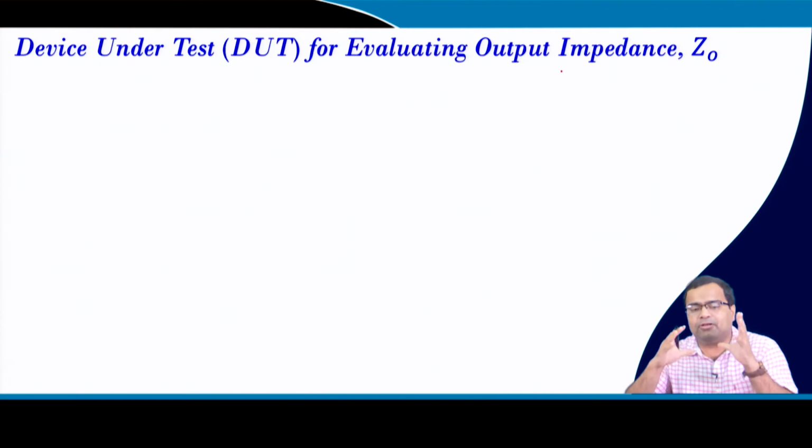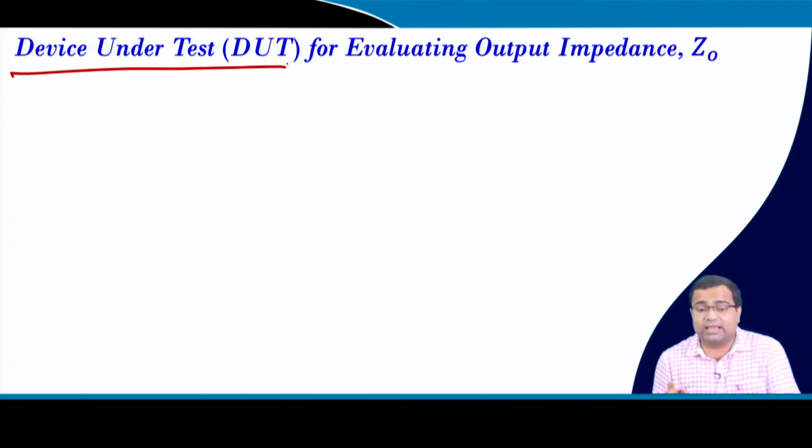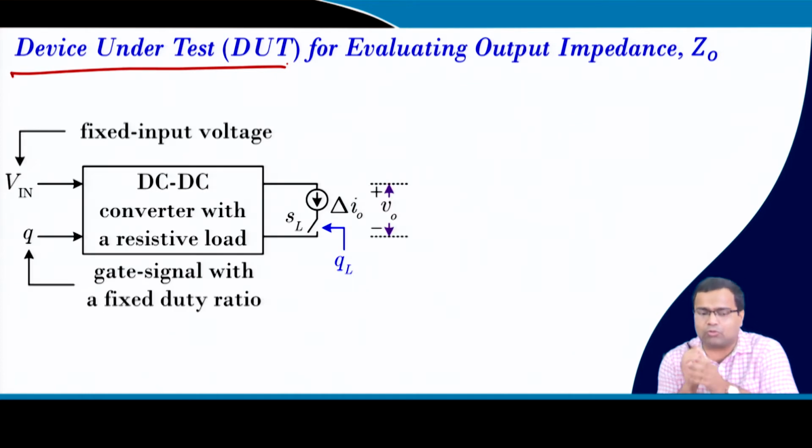Before we move forward, because we want to validate our model, whatever we have derived, we first have to check whether those models are accurate or not, and that is why we are talking about the device under test. In fact, this test you can also carry out on the experimental prototype. So, how to check output impedance?